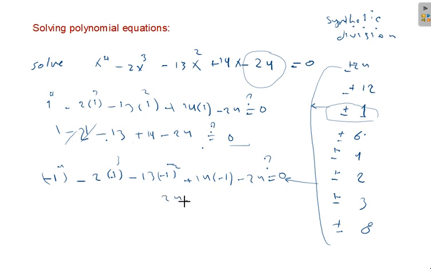So all of these terms give 24 minus 24 equals 0. Then yes, the first root is minus 1, so the first factor will be x plus 1.